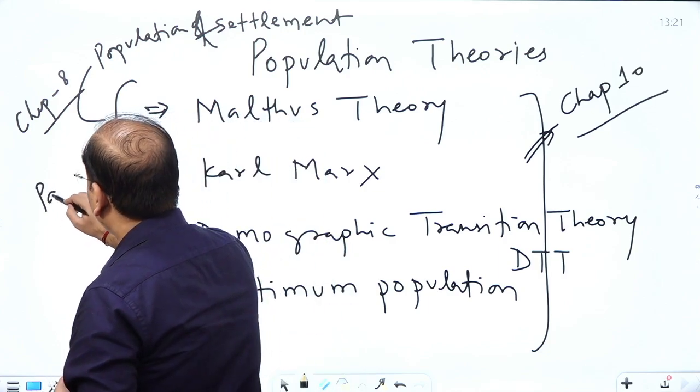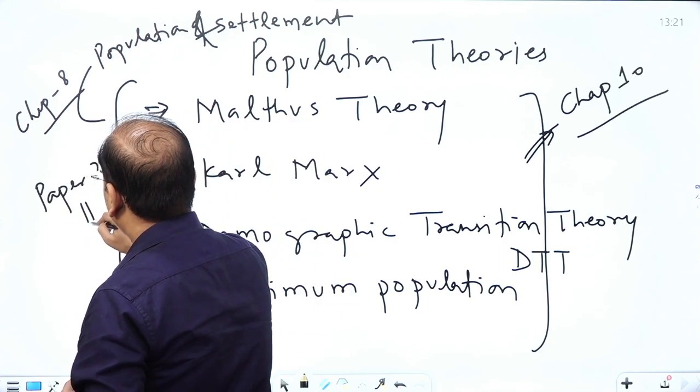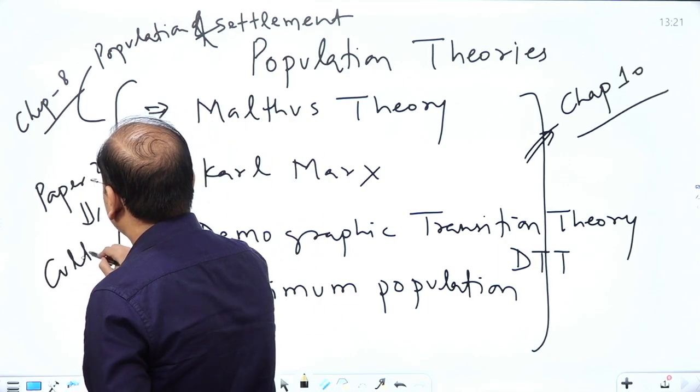In fact, in paper 2, we have a chapter of cultural setting.